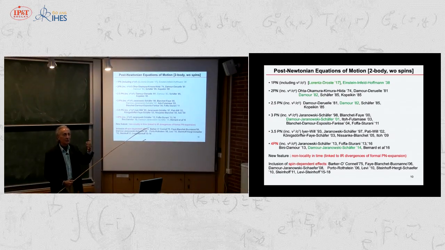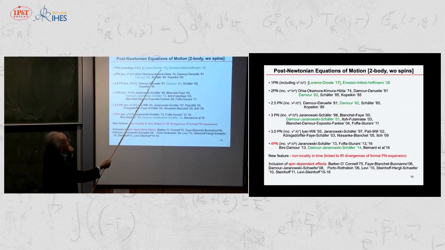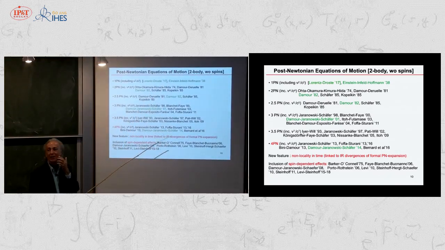But then the first correction, in v^2/c^2, was actually computed by Lorentz and Droste, but it was forgotten, and then by Einstein, Infeld and Hoffmann in 1937. The second correction, in v^4/c^4, was first computed actually in 1982. And then it was computed to v^6/c^6, and recently v^8/c^8.